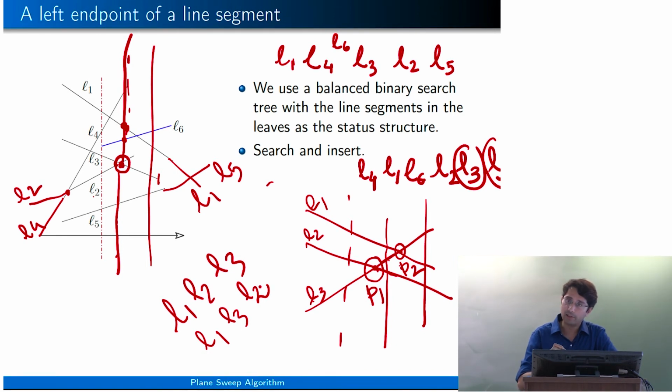I will not check whether L2 and L3 will intersect. That is settled. Two lines can intersect at most one point. But how do I know that L3 will intersect L1? Where is the next event step? So here L1, L3. Here, P2. Okay, very good. Nice question.